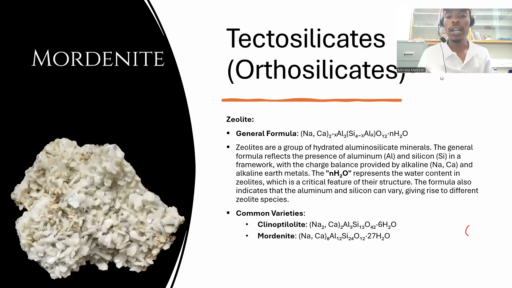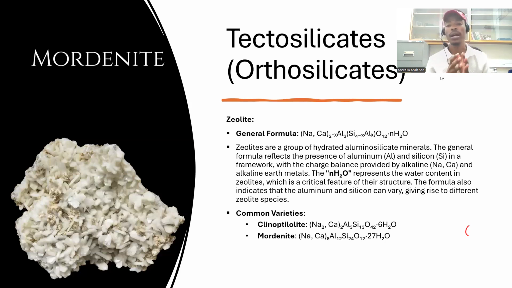The general formula reflects the presence of aluminum and silicon in a framework with the charge balance provided by alkaline sodium, calcium and alkaline earth metals. And then the H2O represents the water content in the zeolites, which is a critical feature of their structure.